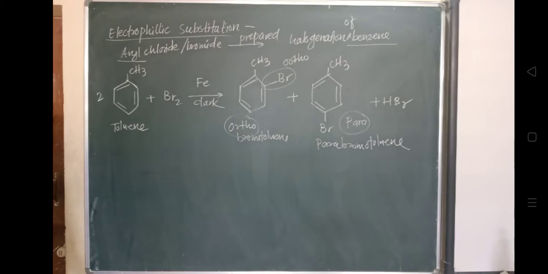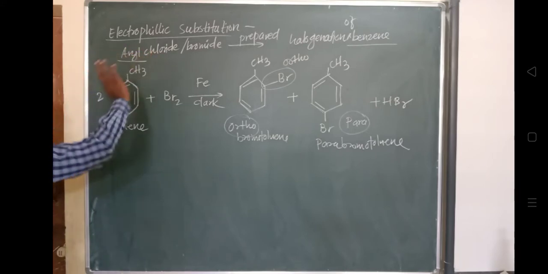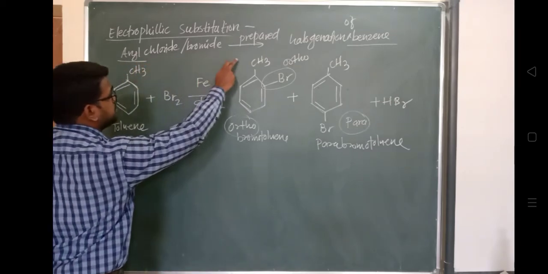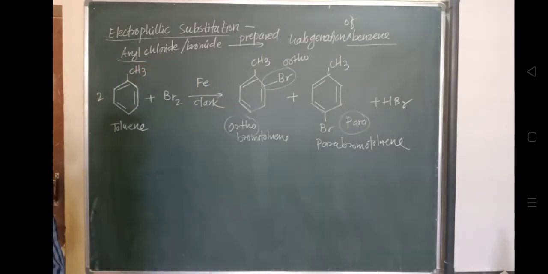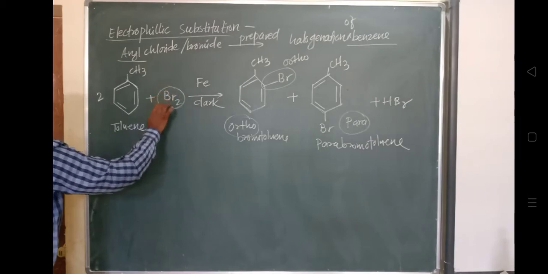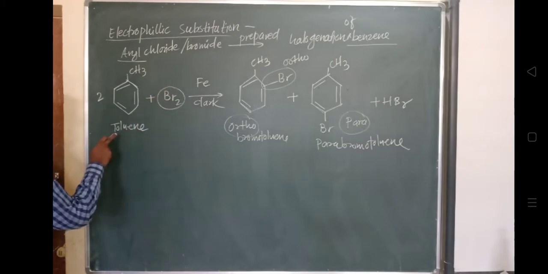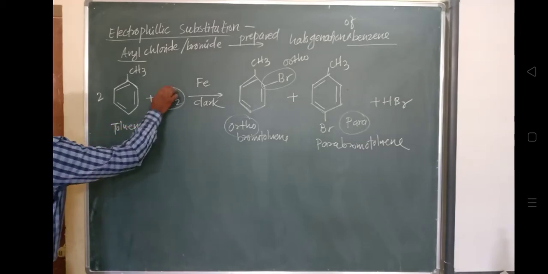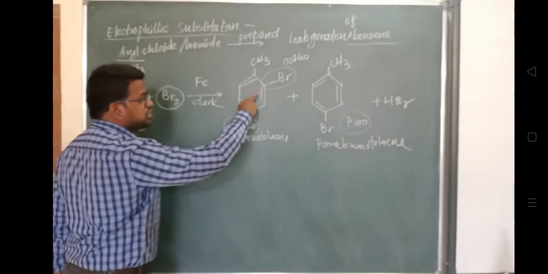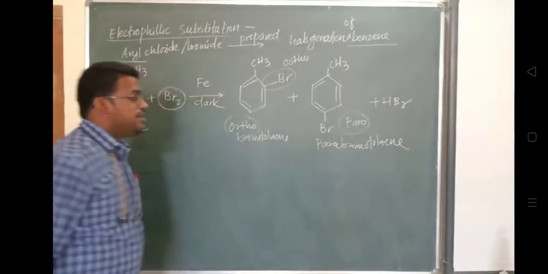This is electrophilic substitution, in which aryl chloride or aryl bromide is prepared by direct halogenation of benzene. Here, benzene is formed from toluene, and bromine is attached at the ortho position and at the para position.